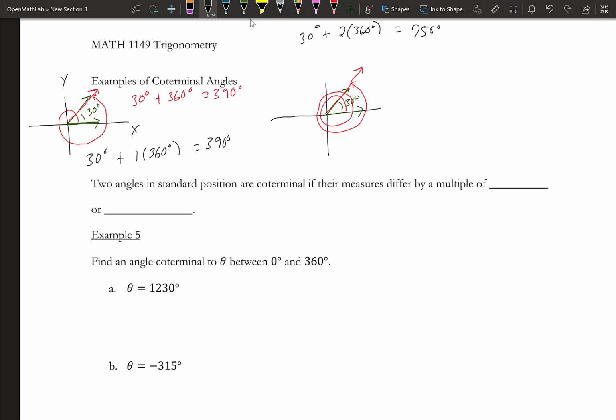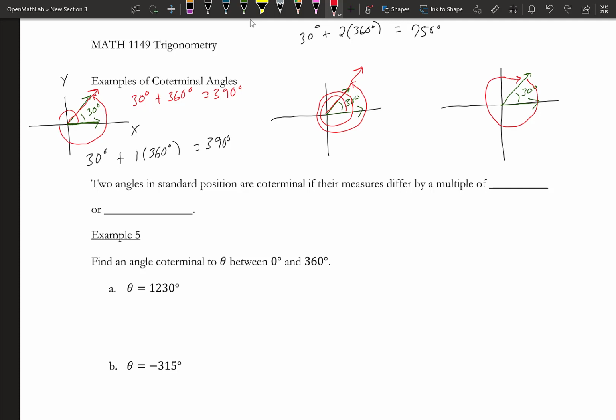So then we'll start with the 30-degree setup again, one more time. So let's say that's 30 degrees. Then this time, I'm going to go one rotation in the negative direction, over to here.